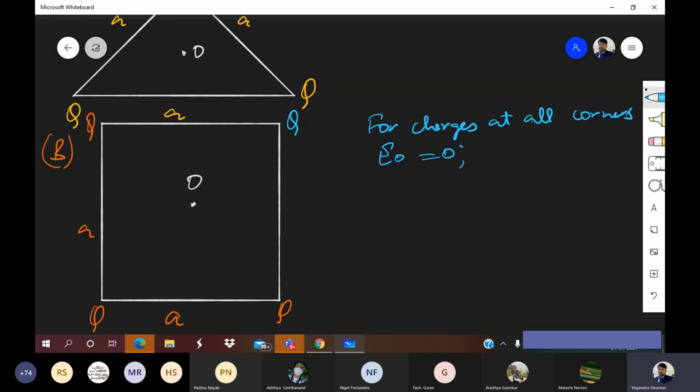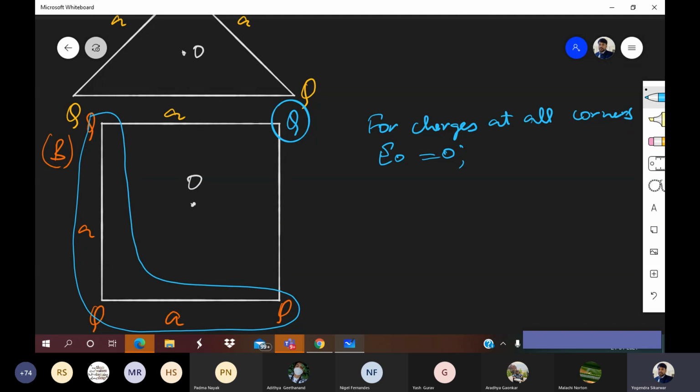That means the electric field which is created by these three charges at O is equal and opposite to the electric field due to this single charge which we have kept. That's how total electric field is becoming 0 after keeping one charge at the fourth corner. Have you understood this sentence and this concept?